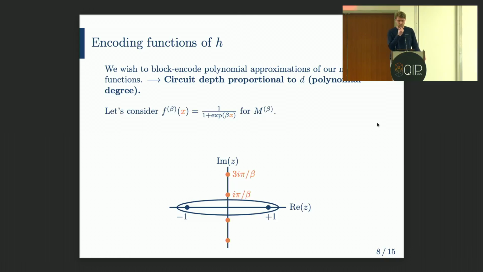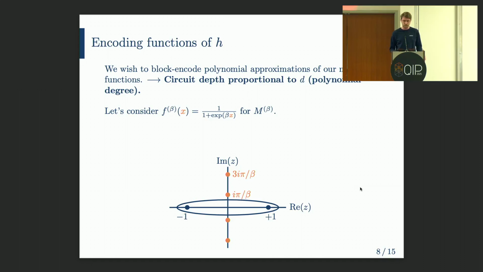So let's consider block encoding the thermal correlation matrix, or getting a polynomial approximation for it. If we want to do that, we need to polynomially approximate this function over here. And the tricky thing is that this function has poles on the imaginary axis at i pi over beta, 3 i pi over beta, etc. And so if beta scales with system size, we know that a Taylor expansion, for instance, will have a region in which it's valid that will go down with beta.